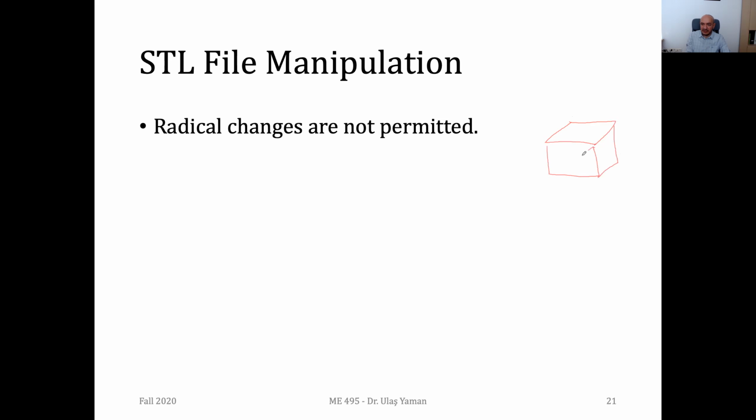Assume that this part is triangulated, and if you simply change the coordinates of this vertex, let's say up to here, then we'll have a new triangle here, but the other ones will not be modified. Which means that you will have some overlapping triangles or a space which is not covering any volume. So doing modifications by just working on a single vertex is not possible.